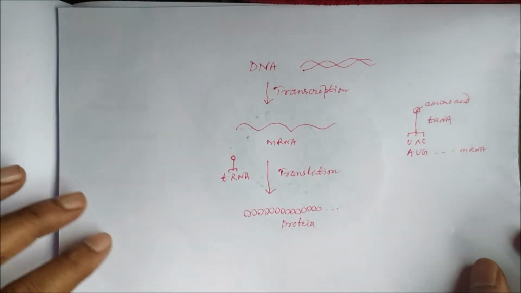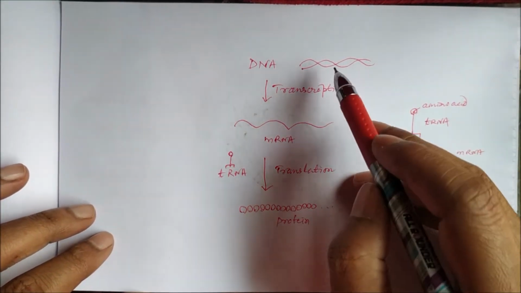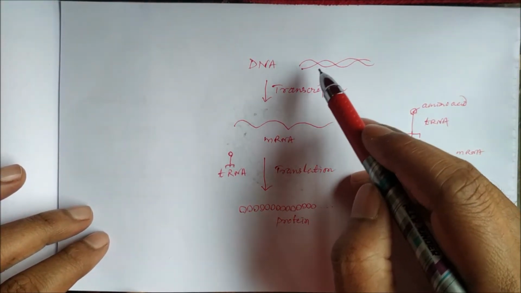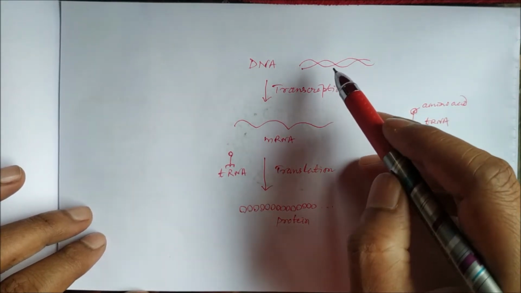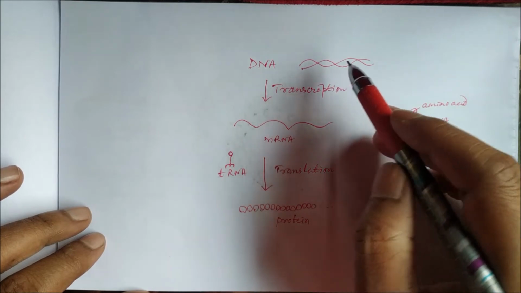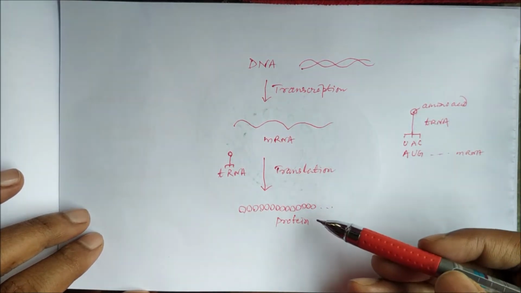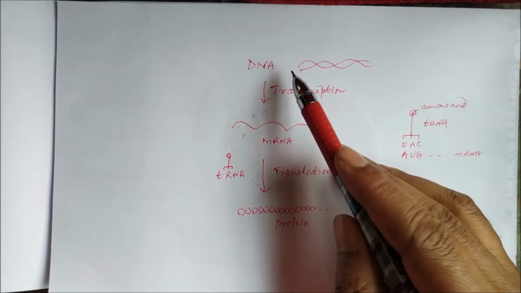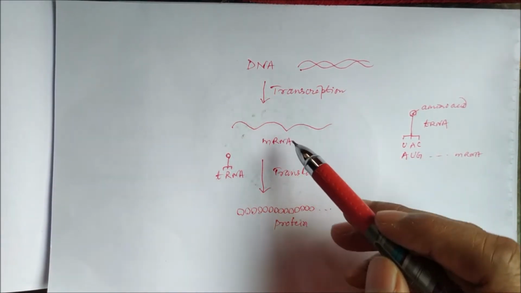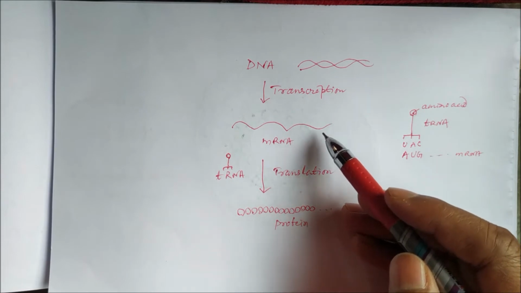As we know, DNA is the source of your hereditary information, and DNA has the information which protein can be synthesized. So first, this double helical structure of DNA by transcription is converted to messenger RNA.